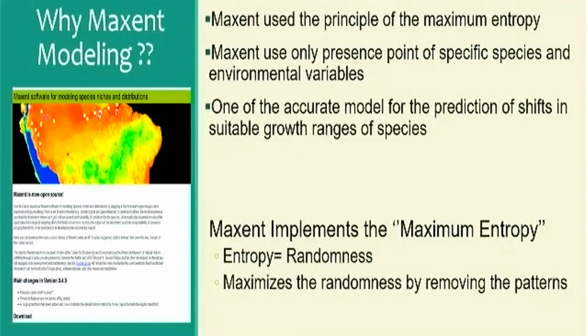It generates the prediction model of where exactly these species can be present, and if we need to recognize whether this is correct or wrong, we can go to that site and do a survey, and we can identify whether this model is correct or wrong.